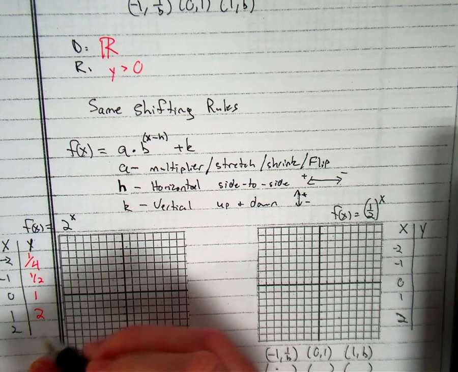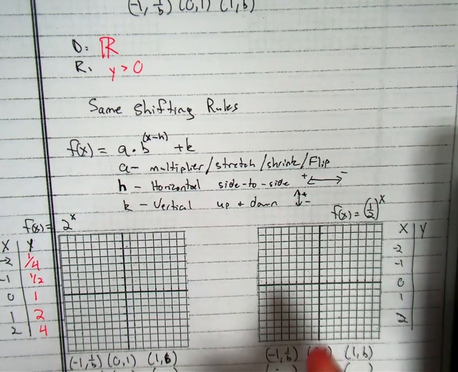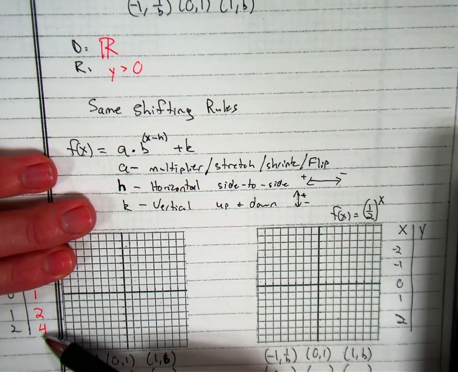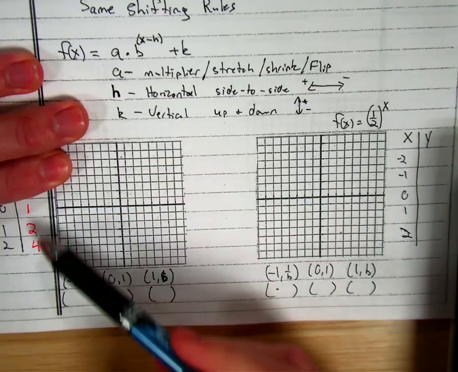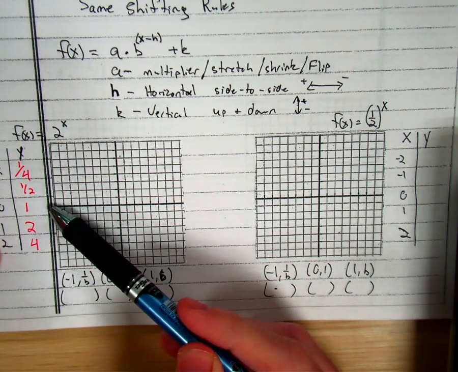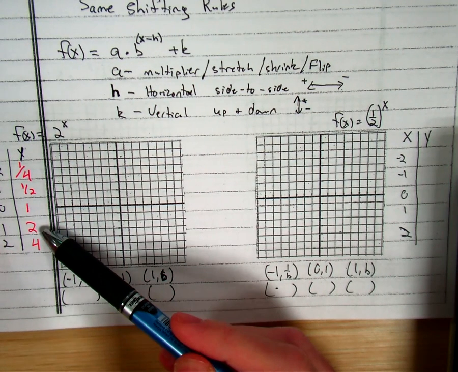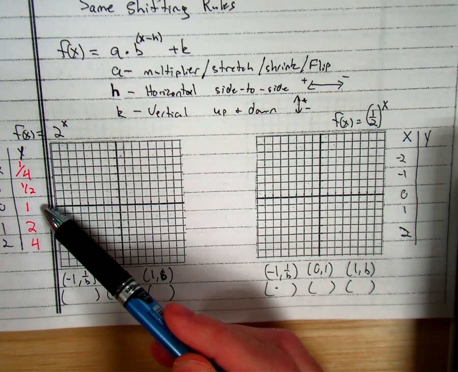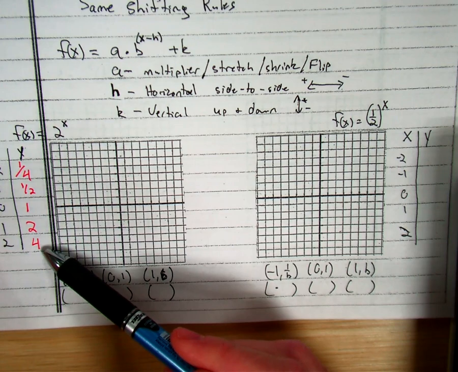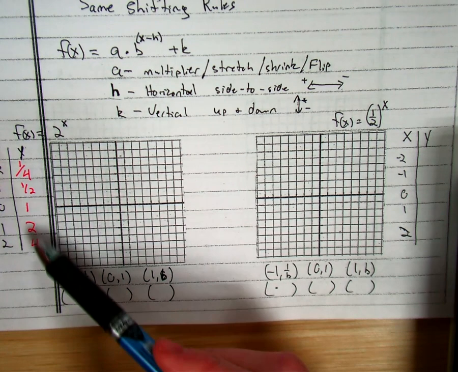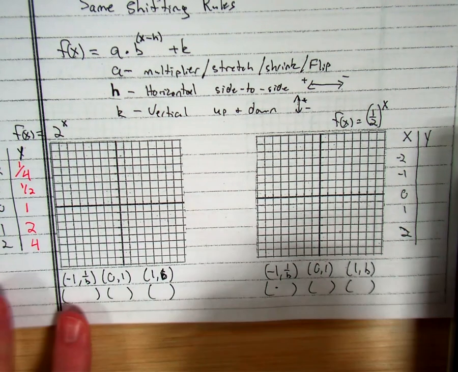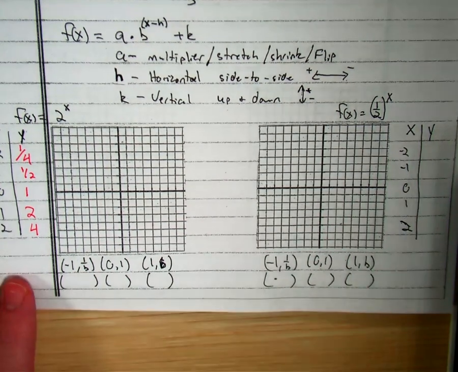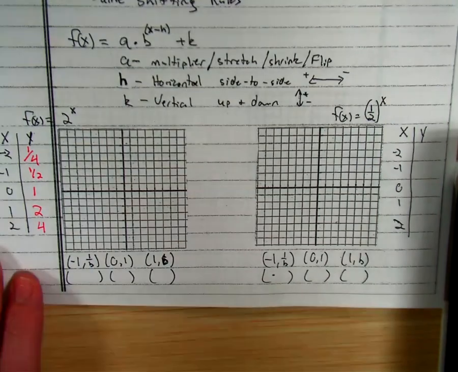And 2 to the second power is 4. It might have been easier to do those 3 and then do the negatives, because the negatives should just be the reciprocals of their positives. So 2 to the first was 2, 2 to the negative first would be 1 over 2. 2 squared is 4, 2 to the negative 2 would be 1 over 4.